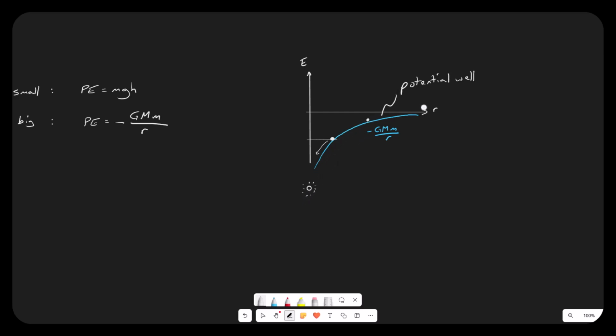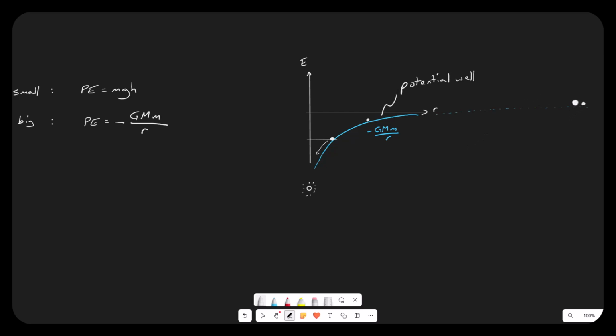The only way that I'm getting out of this potential well is if I'm infinitely far away and that energy becomes 0. This potential well, because it's a negative GMm over r, the farther out I get, the flatter that becomes. So if I start to put an object way, way, way out here, it's not going to accelerate very fast at all.